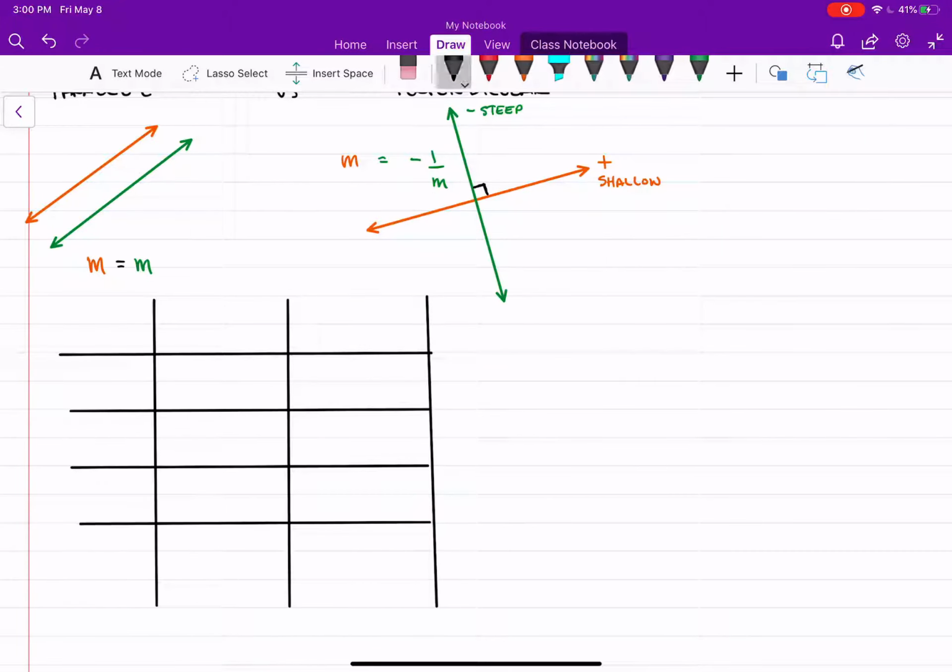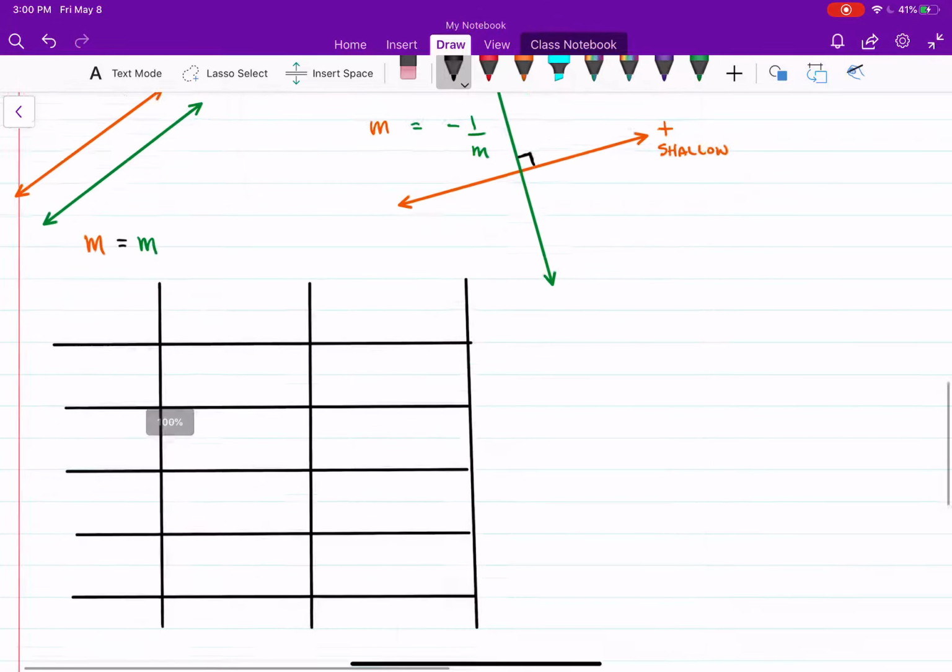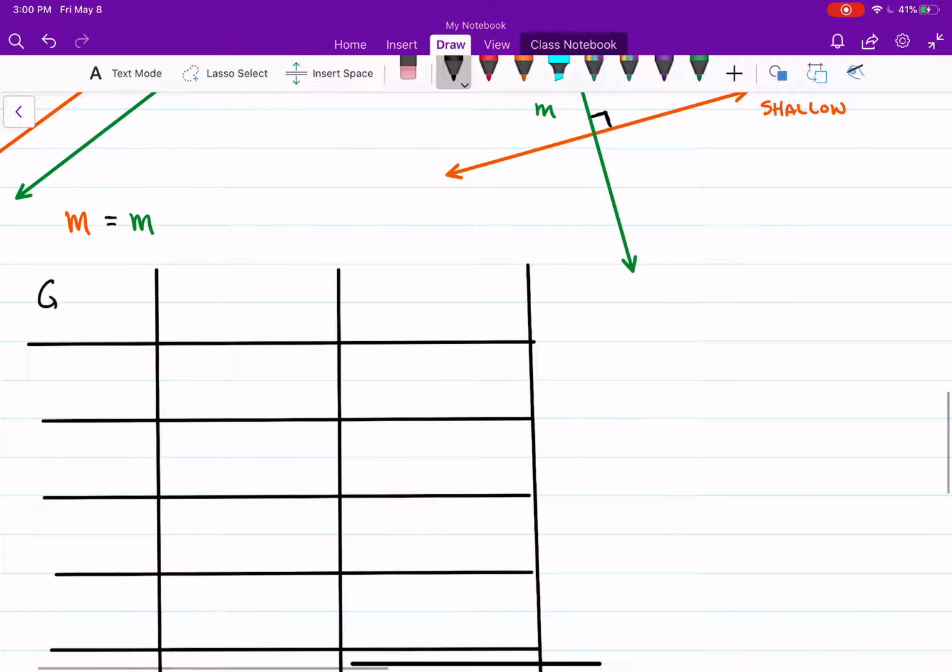I figure we're going to do some examples here. Okay, so let's say I'm going to be giving you slopes, and you've got to tell me what the parallel slope would be and what the perpendicular slope would be.